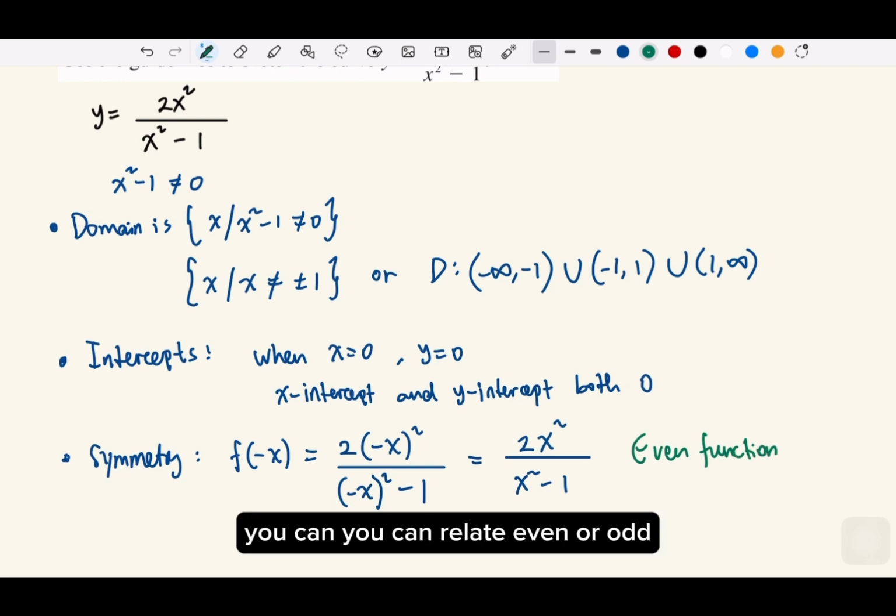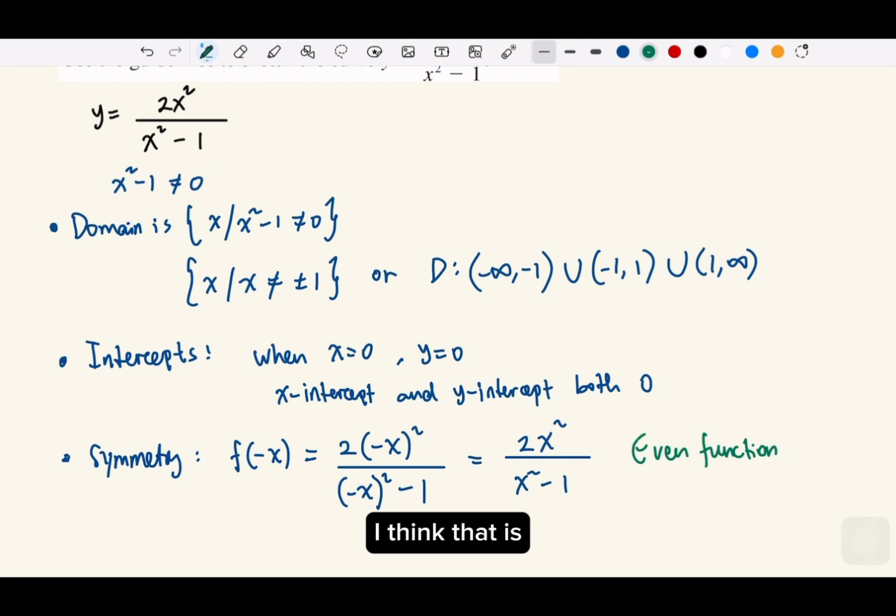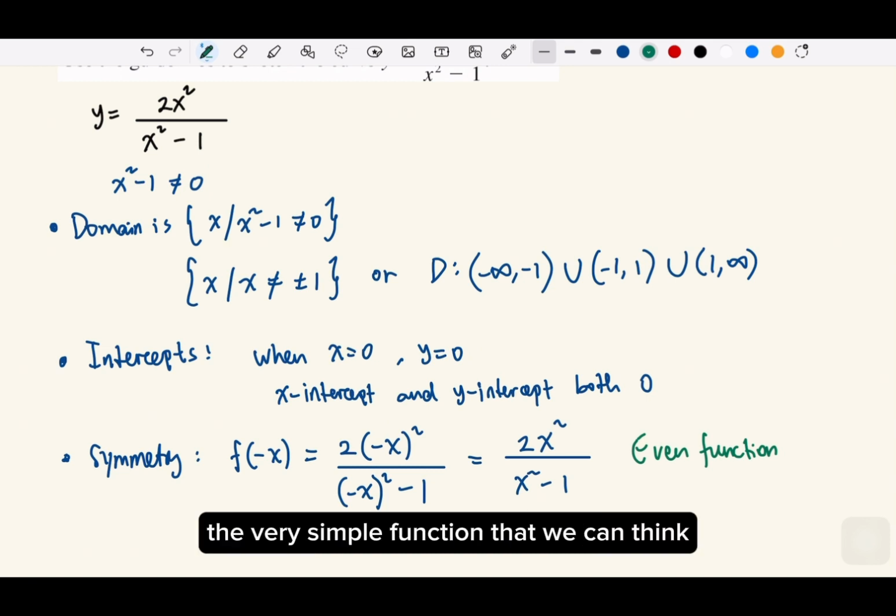You can relate even or odd with some functions that are easy to observe, like x squared or x cubed. I think those are the very simple functions that we can think of.